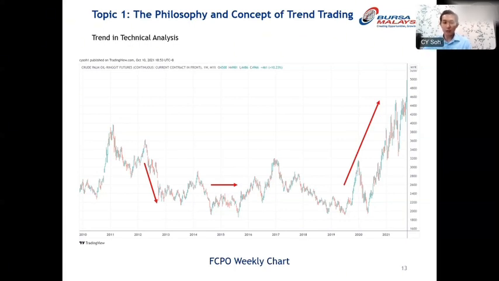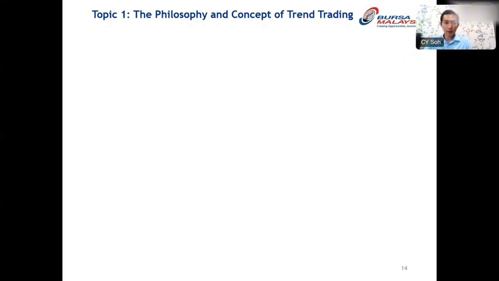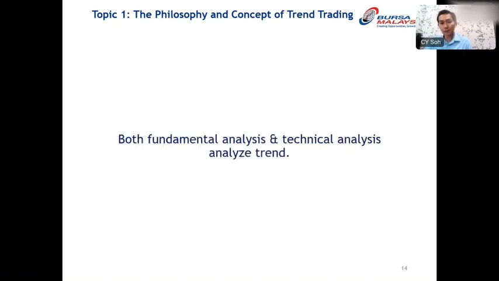So the first thing when you do your homework is you want to be able to identify what the market is doing, what the trend is right now and what the trend is later on. So later I'm going to share with you why, and what the tools are that you can use for identifying trend. So simply speaking, both fundamental analysis and technical analysis analyze trend.